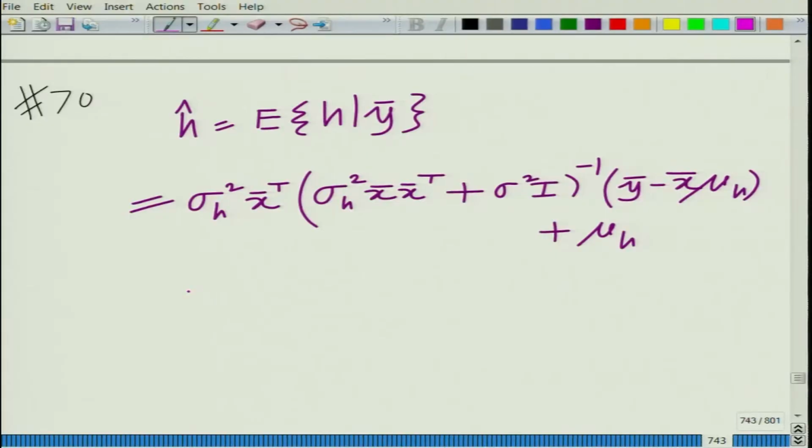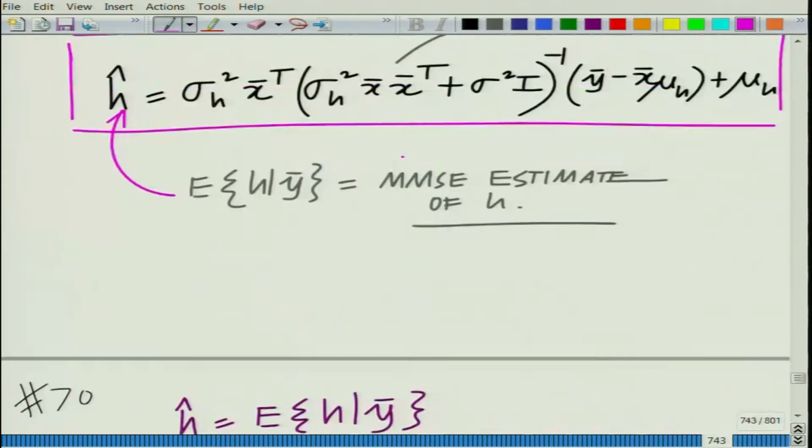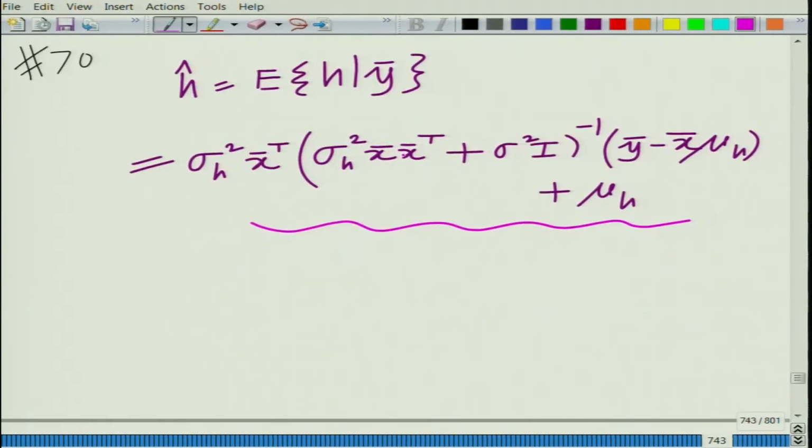And now I am going to simplify this. Remember we said this is a rank 1 matrix, which we have already noted.